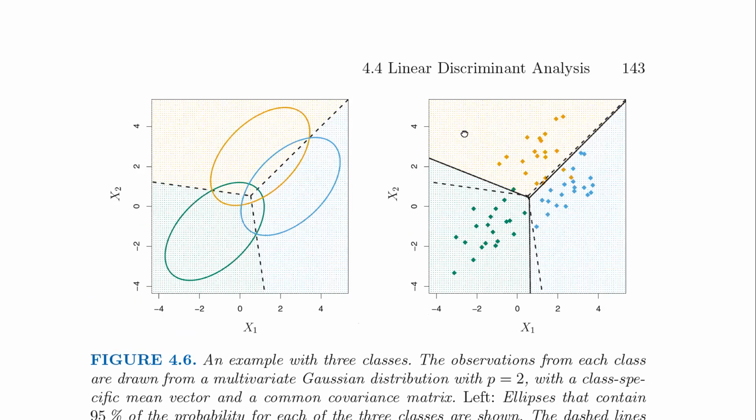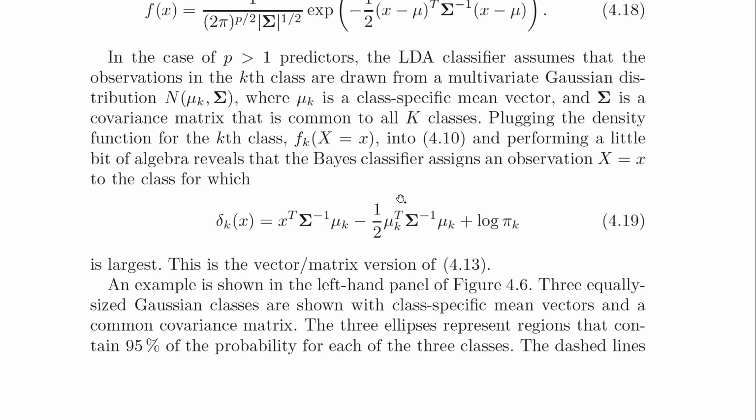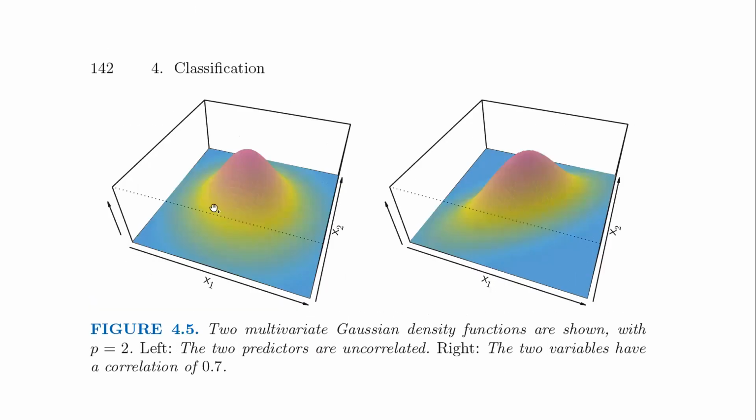For each class, we assume a Gaussian distribution, but it's a multivariate Gaussian. So you're going to have a bell. Probably the easiest thing is to always imagine the case where you have 2 dimensions, so at least you can visualize diagrams like these two.